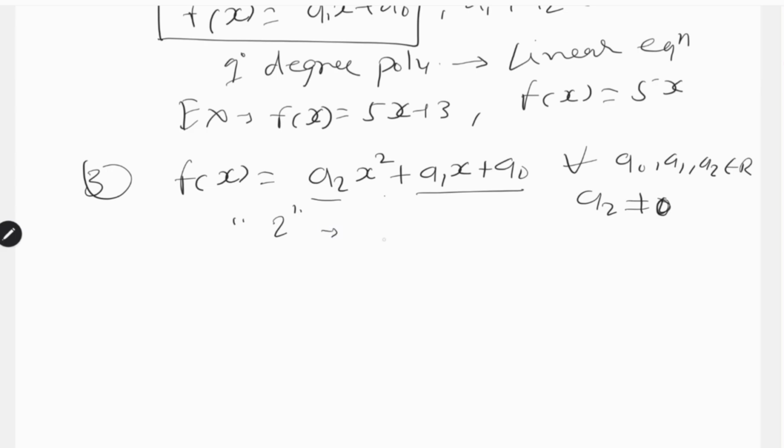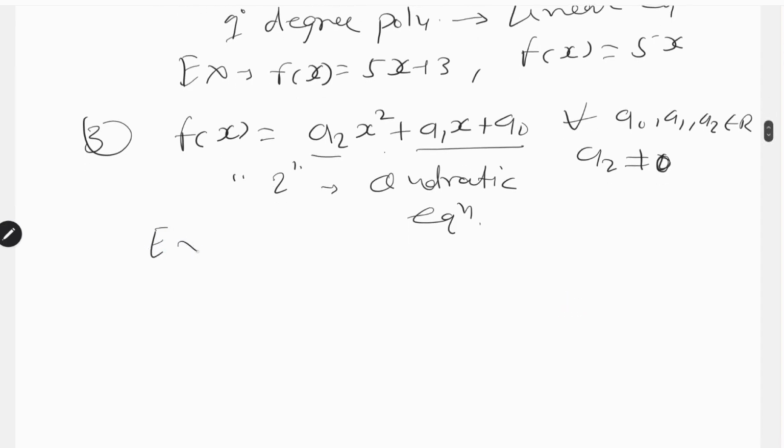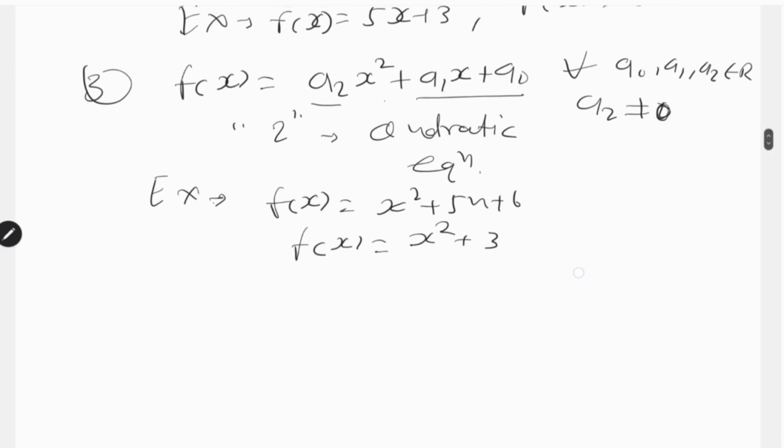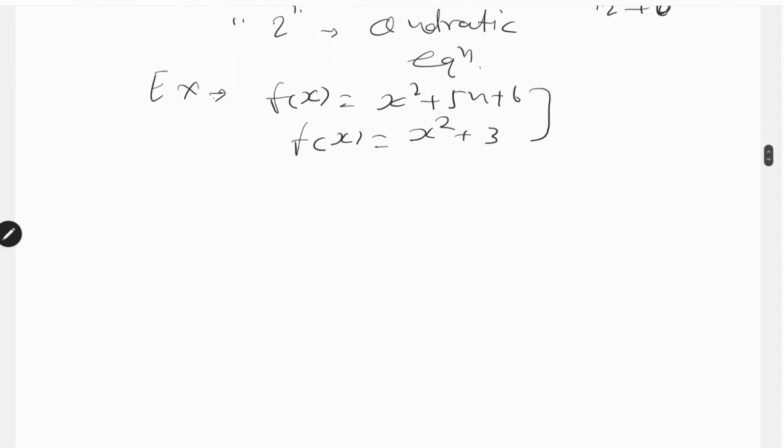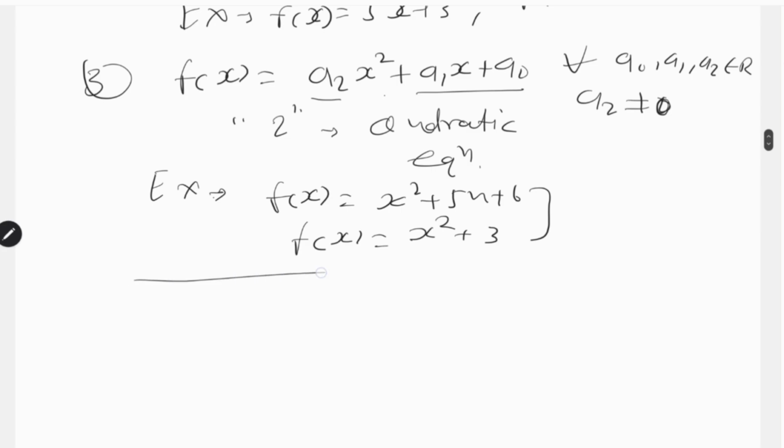Then 2 degree polynomial is quadratic equation. Okay, for example, f of x is equal to x square plus 5x plus 6, f of x is equal to x square plus 3, that is 2 degree polynomial and that is quadratic equation. So our topic is quadratic equation.